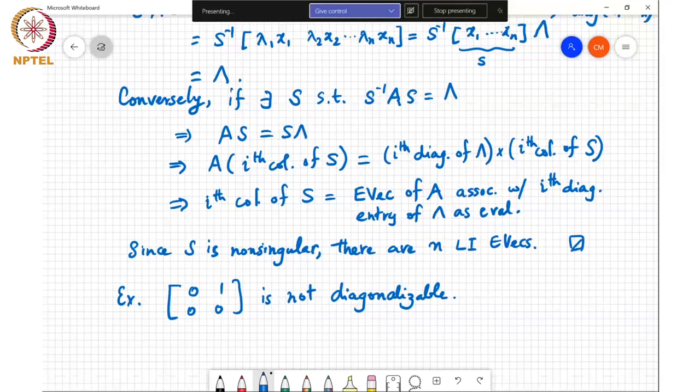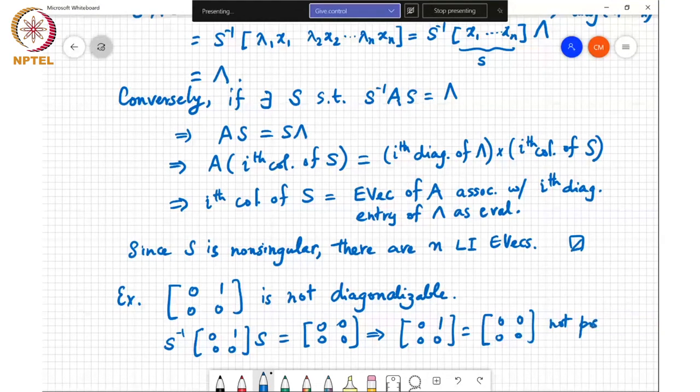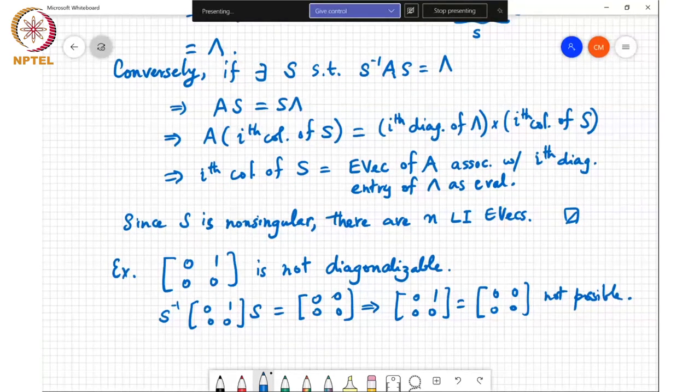If this was actually diagonalizable, then there must be a matrix S such that S inverse times 0, 1, 0, 0 times S is equal to a diagonal matrix containing the eigenvalues, which is the all zero matrix, because both its eigenvalues are 0. But then this implies that if I pre and post multiply by S and S inverse, 0, 1, 0, 0 must be equal to 0, 0, 0, 0, which is not possible. Okay, so this matrix is not diagonalizable.